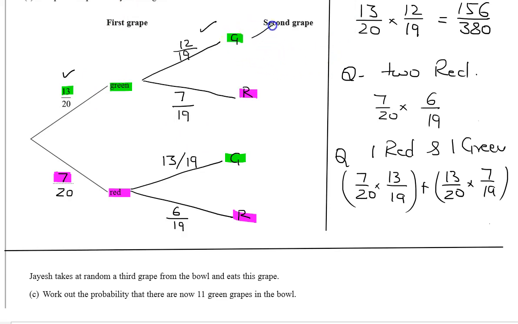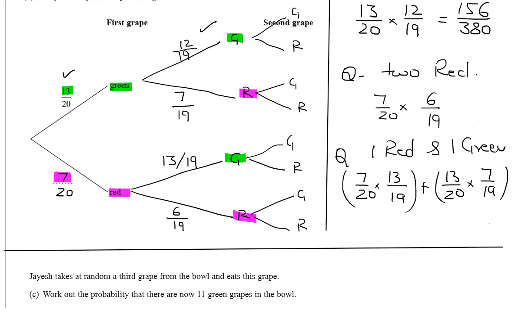After this, he may have taken a green or red each time. We are concentrating on the green grapes only, so imagine this is green, this is green, this is green, and this is green.